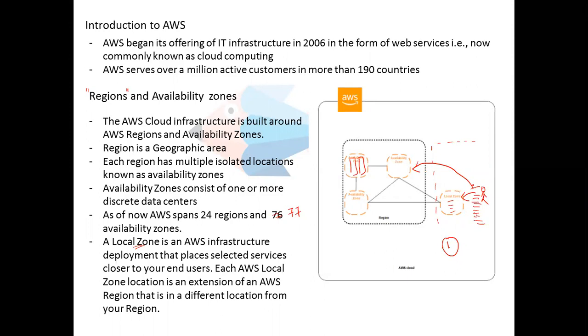If you're accessing the data center of cloud from your place, you will be able to access with low latency when compared to the Oregon region or Ohio region because you are a little far. So it is just to reduce the latency.